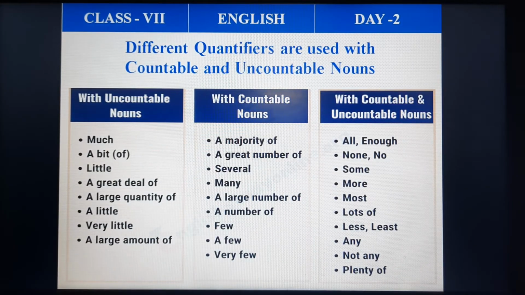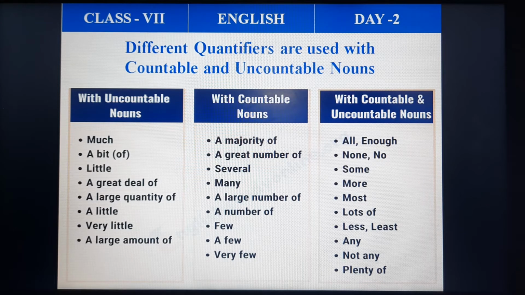Now there are different quantifiers which can be used with countable and uncountable nouns. There are some quantifiers which you can only use with uncountable nouns, such as much, a bit of, little, a great deal of, a large quantity of, a little, very little, a large amount of.